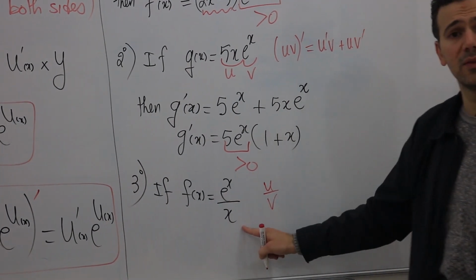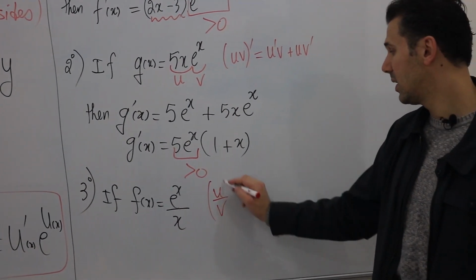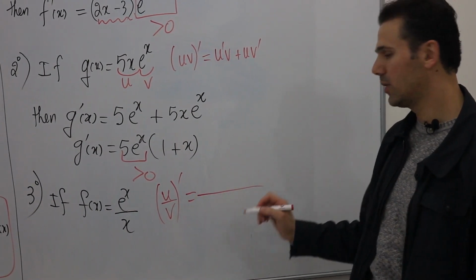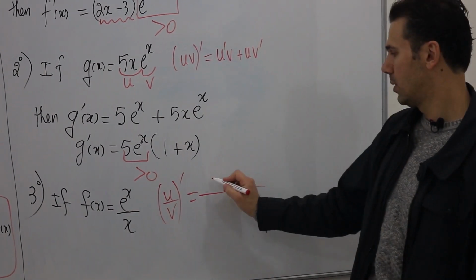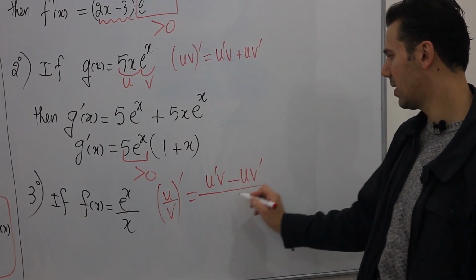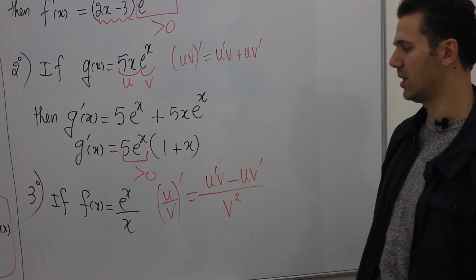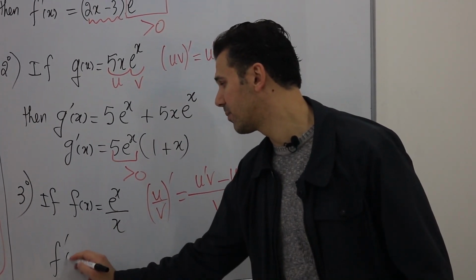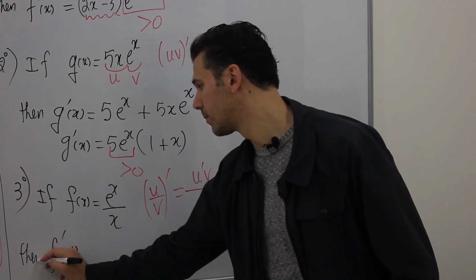This is u, and we consider this as v. And as you know, the derivative of u over v is a formula you should memorize well. It will be u prime v minus u v prime, over v squared. After that, we can find f prime of x.